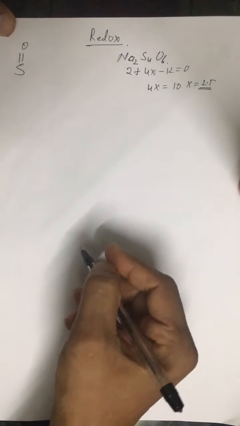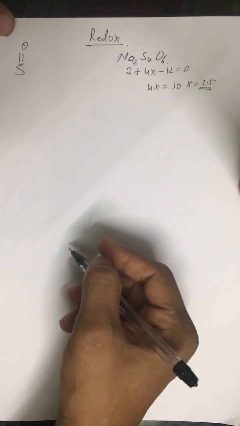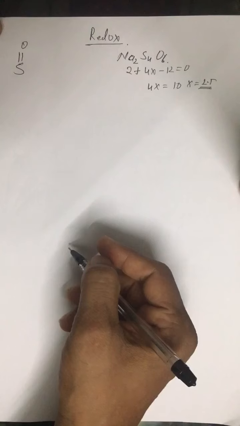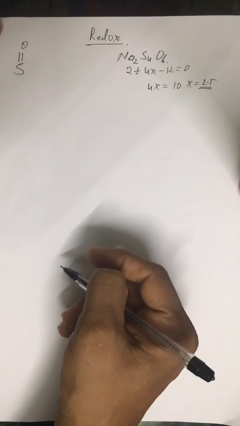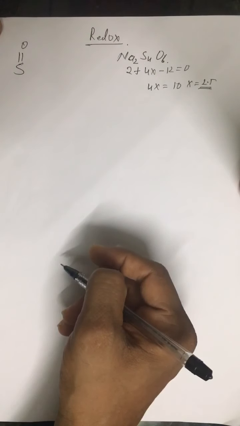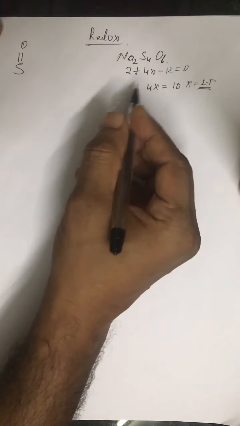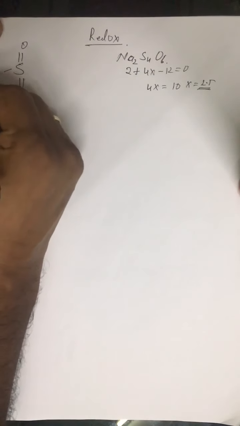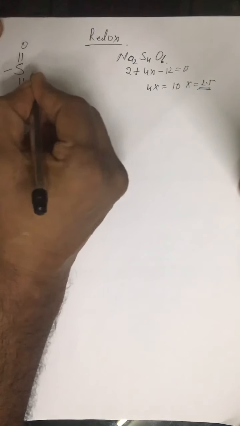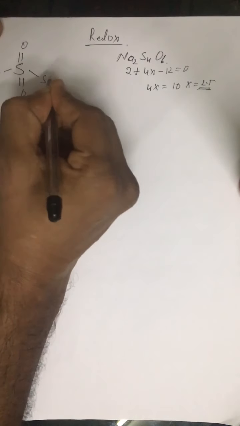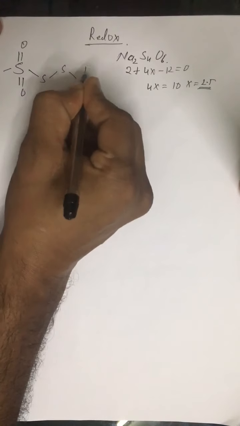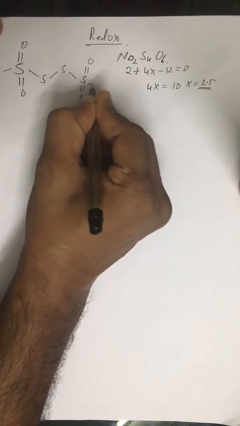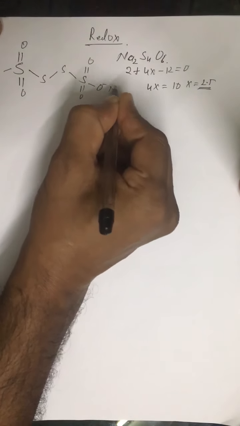But in the options you won't find 2.5; rather you will be given different values. For that you must know the structure of sodium tetrathionate. This is the structure of sodium tetrathionate, or the structure will be mentioned.